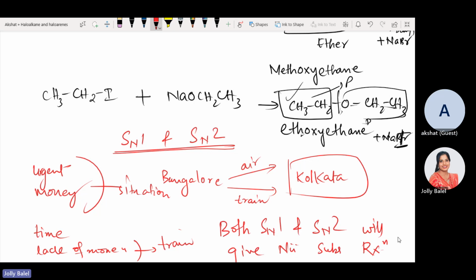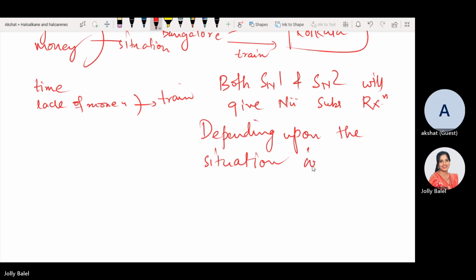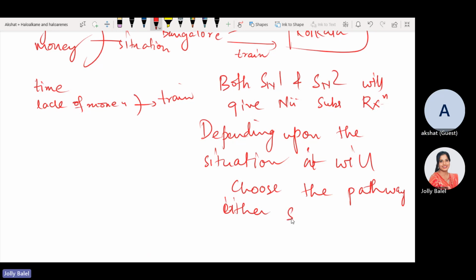The only difference is that depending upon the situation, which we will discuss, the reaction will choose a pathway, either SN1 or SN2.